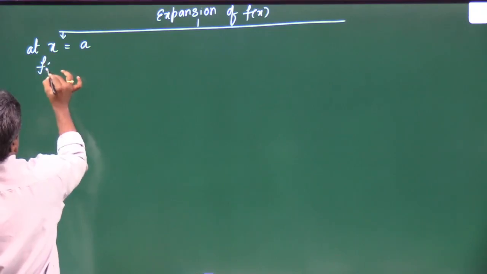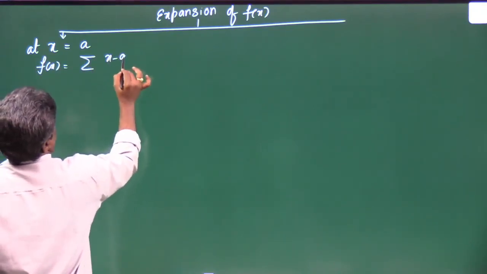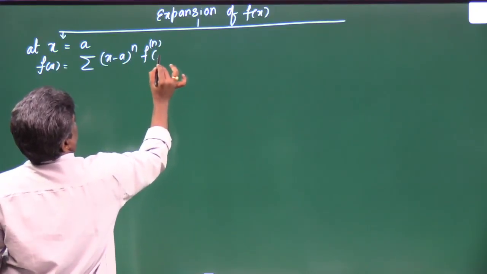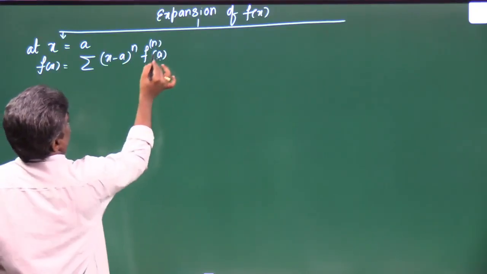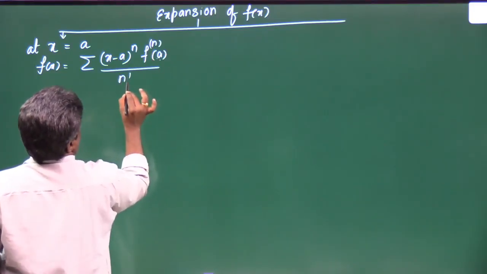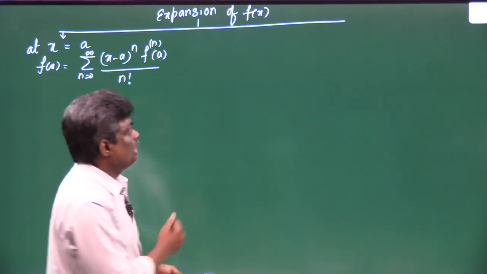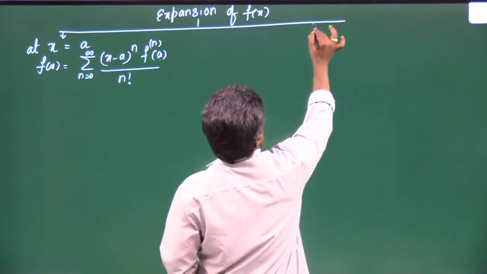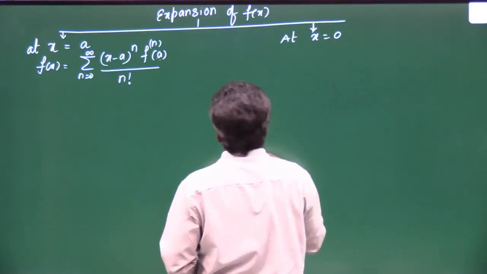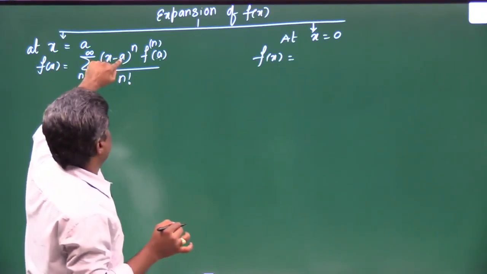I hope you remember f of x equal to summation x minus a whole power n and nth derivative of f at x equal to a by n factorial, where n is equal to 0 to infinity. And if you take the expansion at x is equal to 0, that means the origin, then your f of x is equal to, just put a equal to 0.